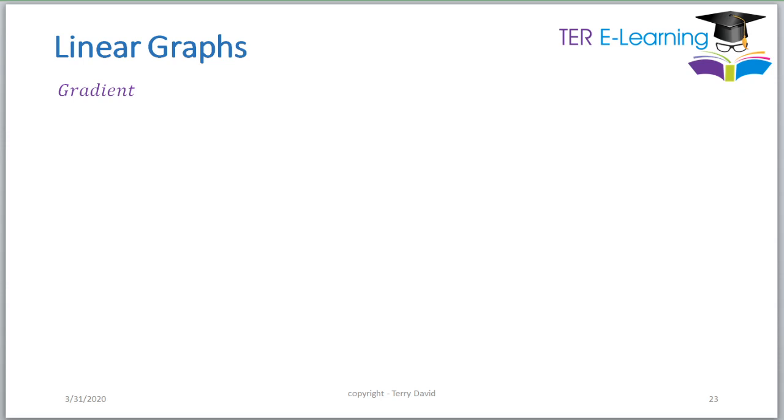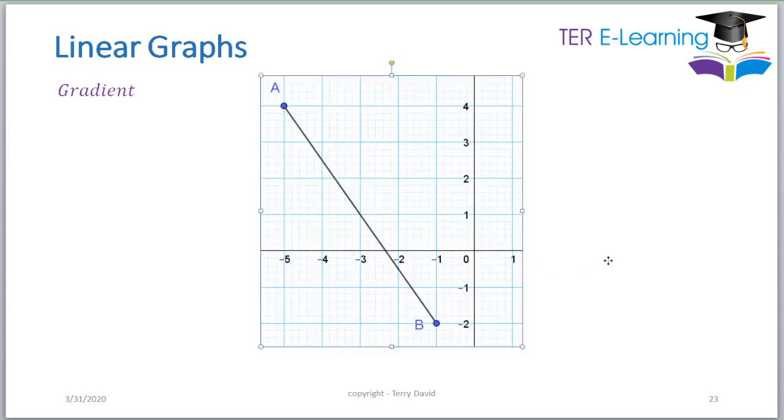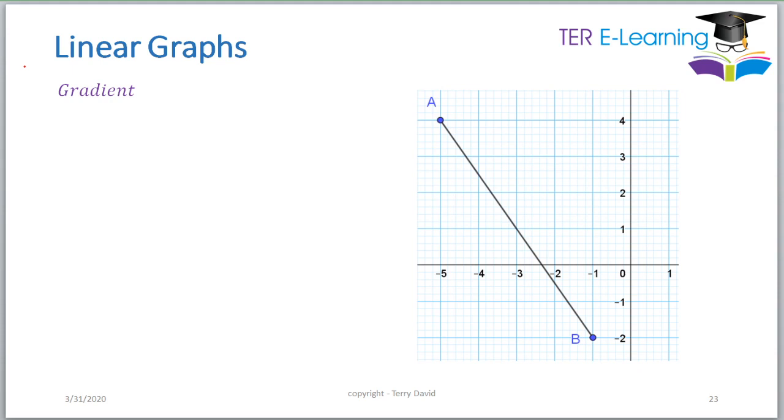All right, I know you had a little trouble with that one, so let's try the next one. We want to find the gradient of the line segment AB.